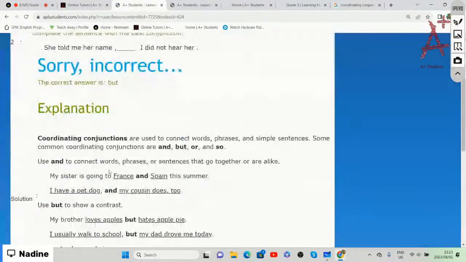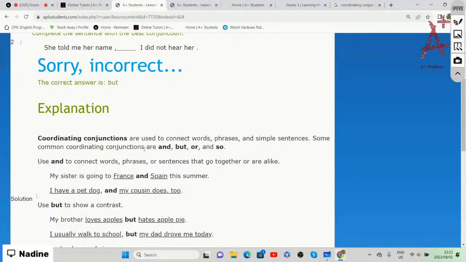Once again, coordinating conjunctions are basically used to connect words, phrases, and simple sentences. Some common coordinating conjunctions are and, but, or, and so, right? These are the most common ones, the four: and, but, or, so.